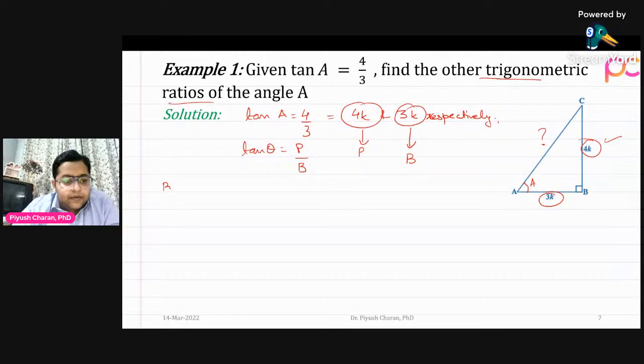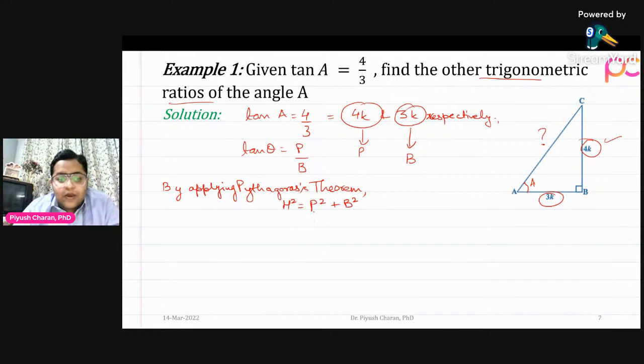So by applying Pythagoras theorem, what does it say? It says that the square of the hypotenuse is equal to the sum of the squares of the remaining two sides, so perpendicular square plus base square.